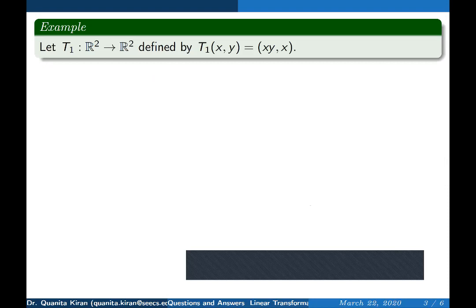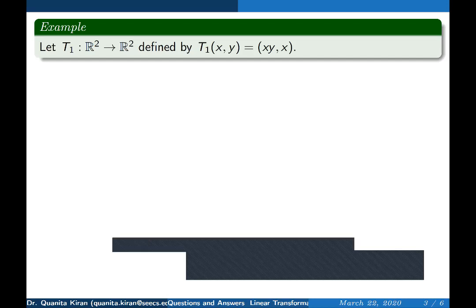So again, the same example that we did in the previous video. If you see in this video, this product factor causes the multiplication effect.